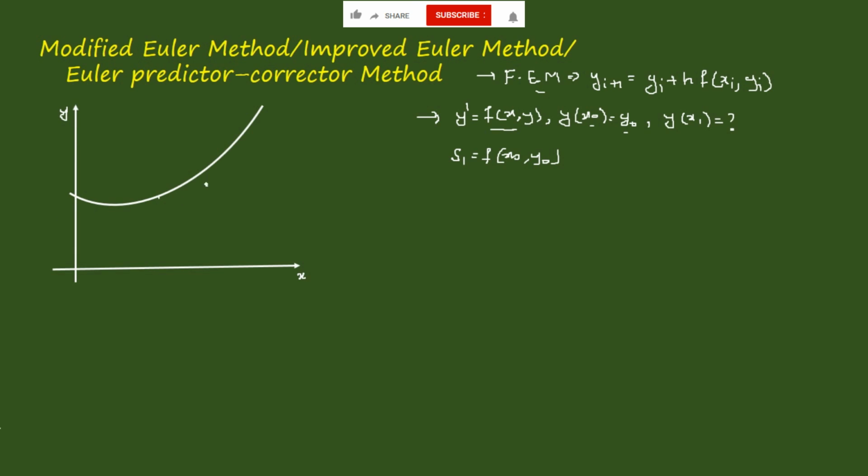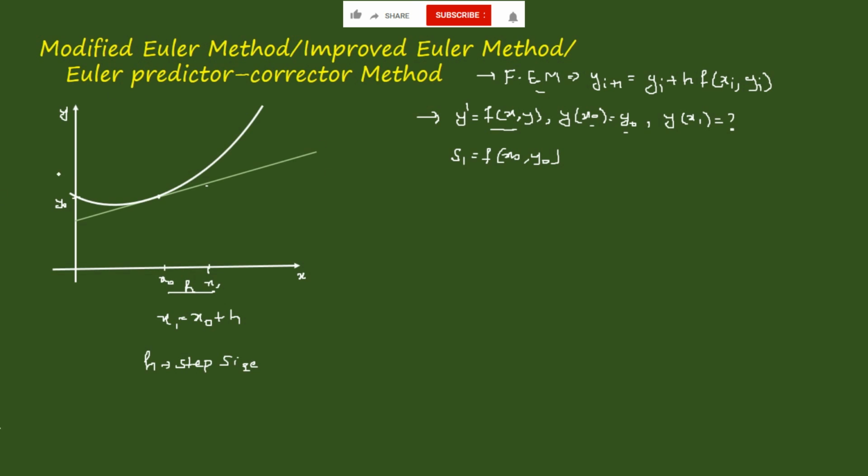If you consider the function in this particular format, and this particular point as x naught, and the value of it is y naught, now we draw the slope of it. From the slope, we define the value of x1. What is x1? x1 is equal to x naught plus h. h is the distance between both of them. h is known as the step size.